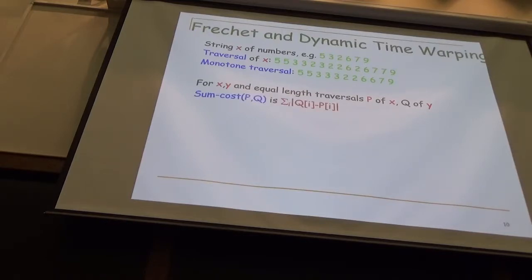Okay, and for x and y, at equal length traversals, if I have a traversal of x and a traversal of y, then the sum cost of these traversals is, so you're trying to line up the traversals so they're as similar as possible, and you measure the distance between them. So in your traversal of q and your traversal of p, you take the absolute value of the difference between the two numbers, and you add that up.